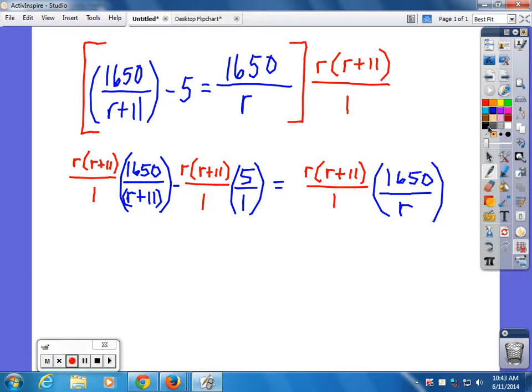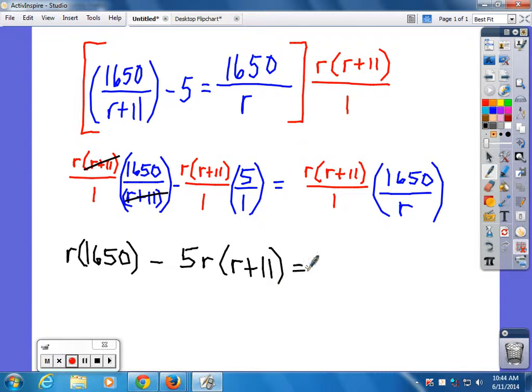And let's see what happens. The r plus 11s cancel. That leaves you with r times 1650 minus 5, nothing cancels here, times r plus 11. The r's cancel, 1650 times r plus 11, somebody got that?